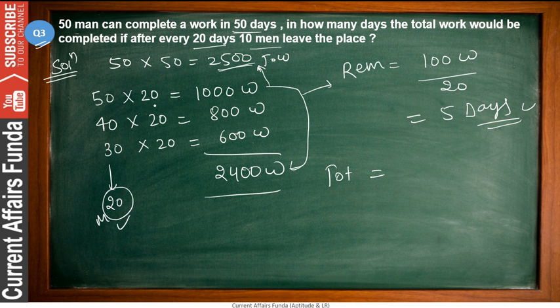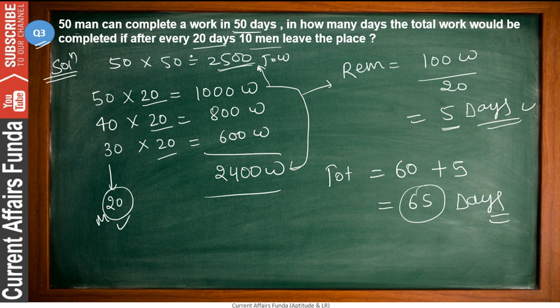It will be 20 plus 20 plus 20, that will be 60 days. So 60 days are here, 5 days are also here, so the total will be 65 complete days. Okay, so if after every 20 days 10 men leave, then our work will be completed in 65 days. Okay, I hope you understand this problem.